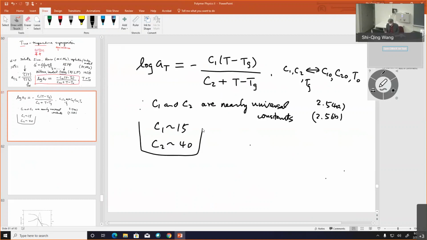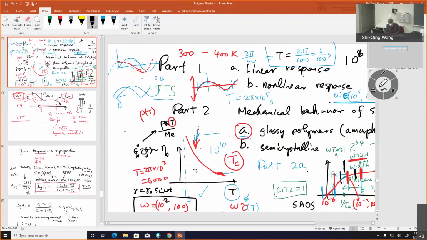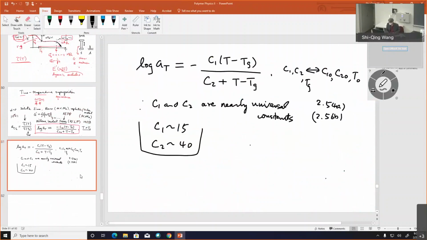That's it. This gives you a smooth temperature change, just like this red line, quite smooth. And now we can move a little deeper into the question of what it means to reach TG, the glass transition temperature. We have not talked about that.